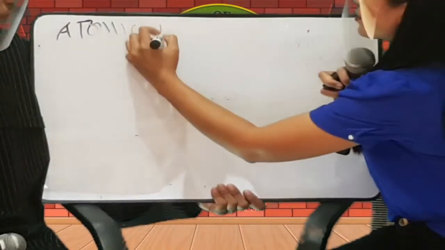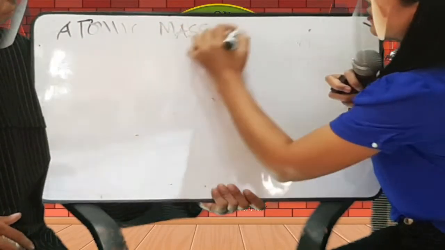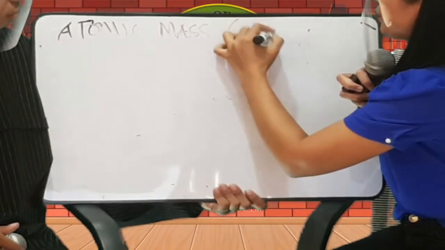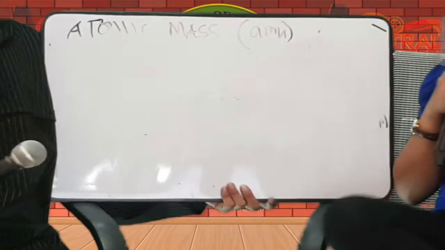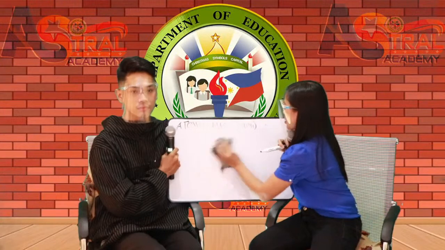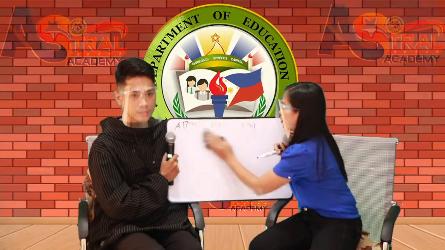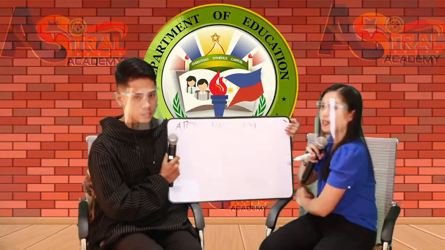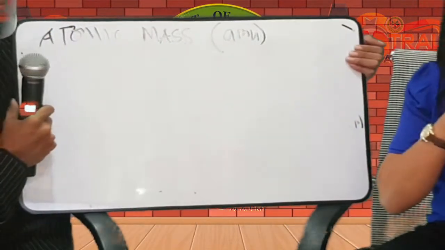Okay. So atomic mass, with the unit AMU, is basically the sum of the total number of protons and the total number of neutrons in a particular atom or element.